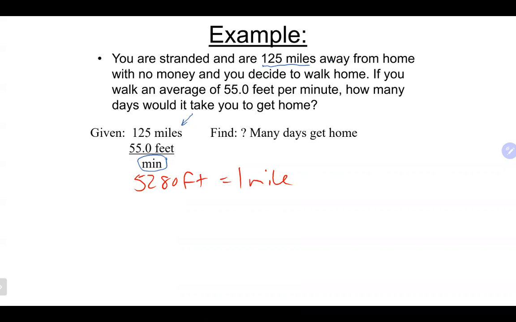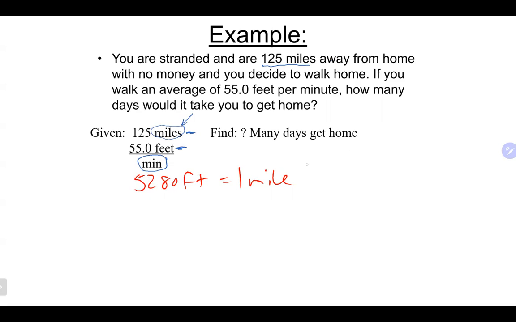We also have a problem in terms of units. One distance is in miles, one is in feet, which means they will not cancel out the way they are written. We have to do an actual conversion, get them into the same units. You could choose to convert feet to miles, or miles to feet. I'm going to convert the miles into feet, so I can use my rate the way it's written.